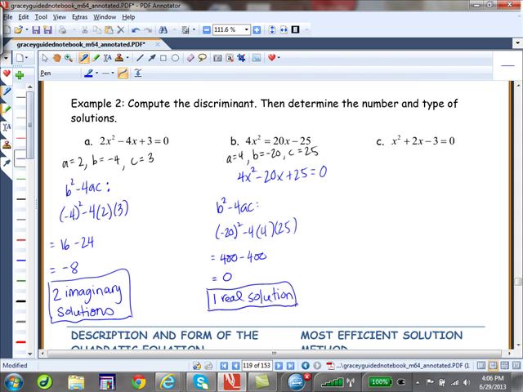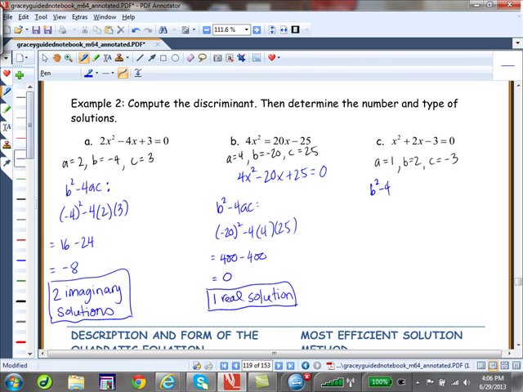The problem from part A, we would have no x-intercepts. And part C, it's in standard form. What's my A? Good. A is 1. B is 2. C is negative 3.